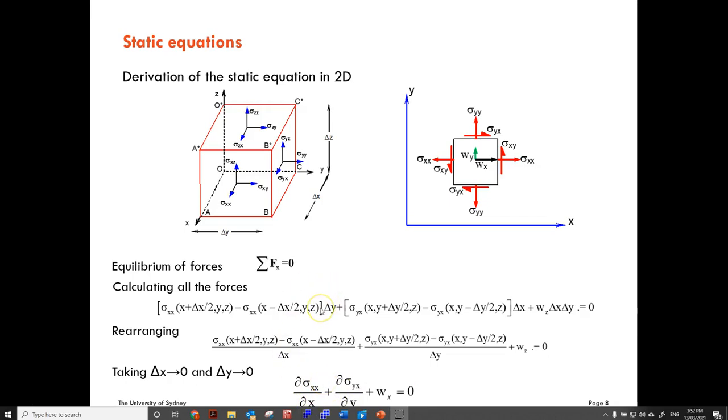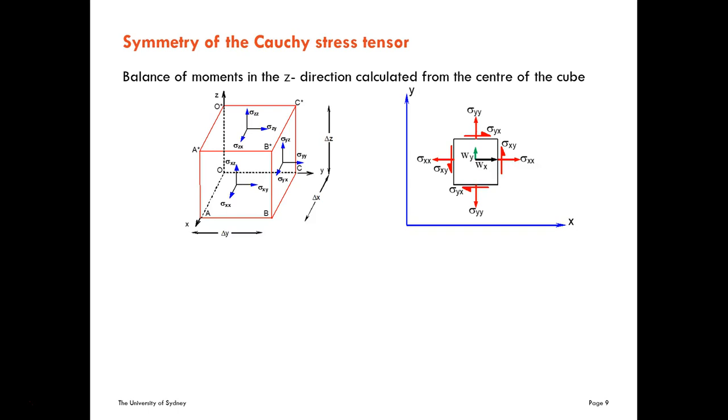So I'm going to go to another equation, that is the equilibrium not of the forces but the equilibrium of moments. Equilibrium of moments will lead to the symmetry of the Cauchy stress tensor. So we are going to sum all the moments in the z direction for this free body diagram.